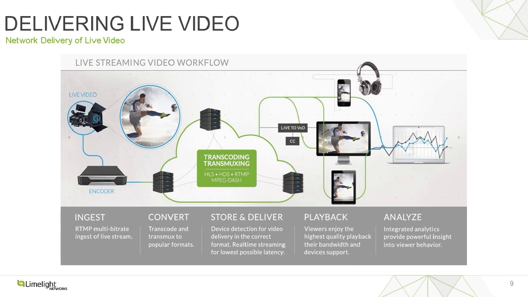So there's our video packaging, where we transcode and transmux to some of the different formats: HLS, DASH, Microsoft Smooth Streaming, even HDS, one of the older protocols. Video can be packaged into these different formats, again, to get playback on the different devices out there.